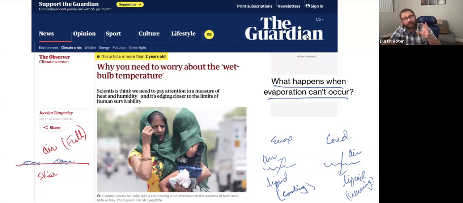And it turns out, if you get in this situation, I think humans can only last just a few hours if you can't actually evaporate your sweat and lose that temperature naturally. So something that tells us when this happens is the wet bulb temperature.